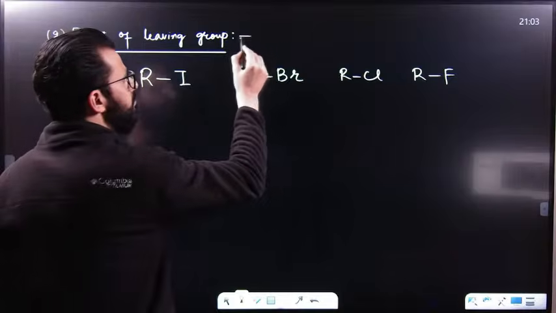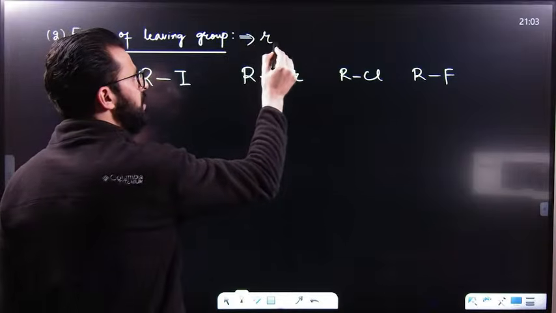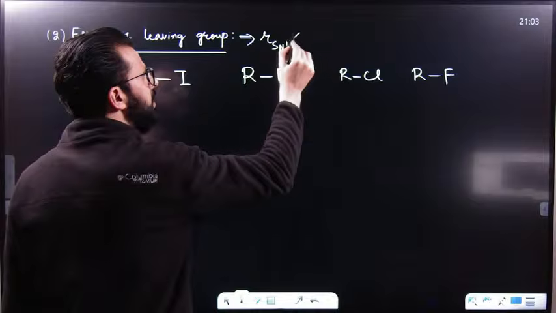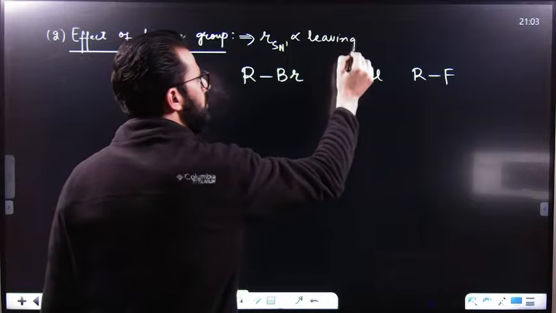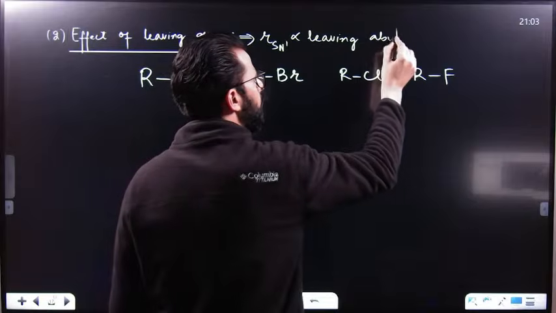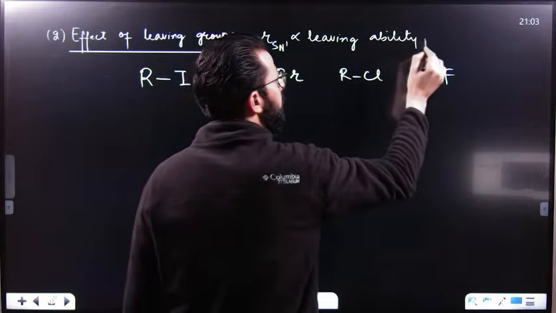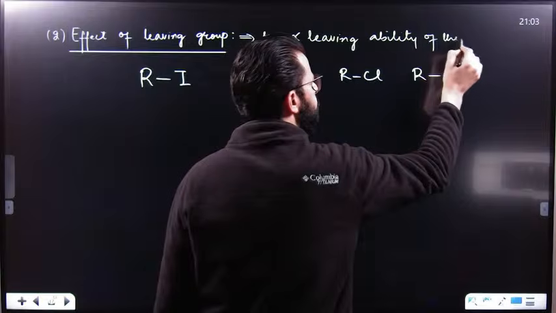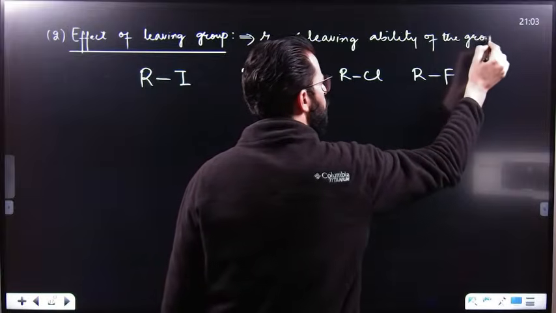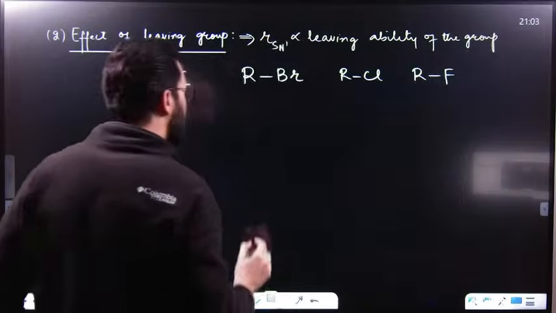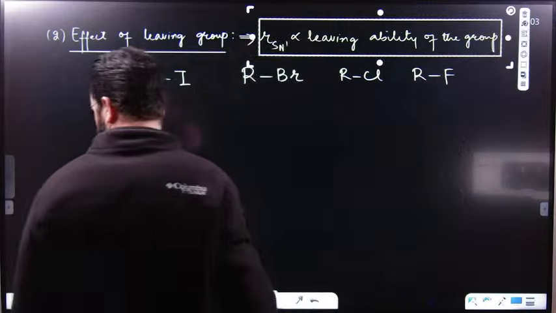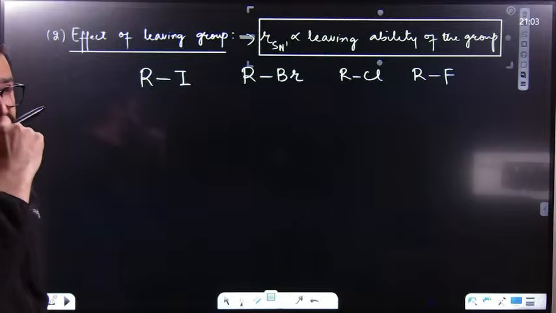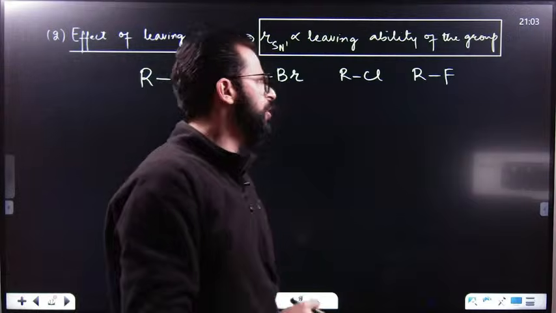That's why we must know this, that rate of SN1, remember, is directly proportional to leaving ability of the group. Remember this always. This is the most important point, that rate is directly proportional to leaving ability of the group.